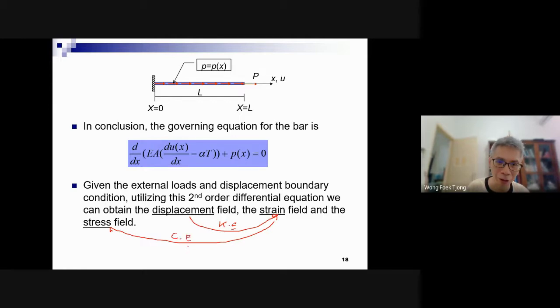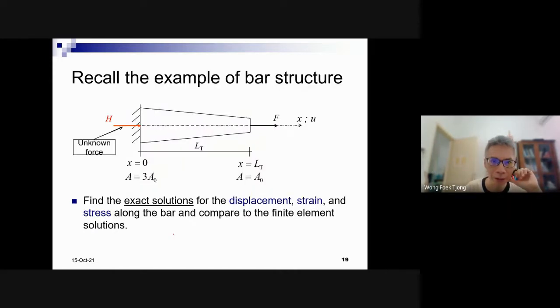So that's the way we solve the problem. First, we solve for the displacement, and then strain, and then stress. Any questions before we go to an example?